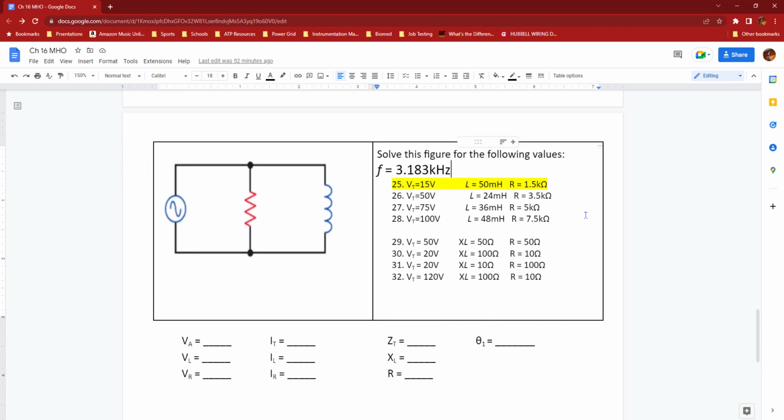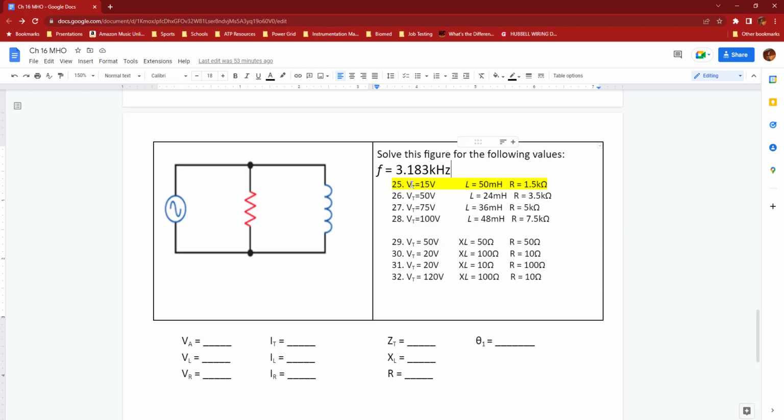If we zoom in here, we'll see that for 25 through 28, you're given L, so you'll have to find XL using the correct formula, which I will show you in a minute. For 29 through 32, you're given XL, so you have to find what's missing that you need for the calculations based on what you're given.